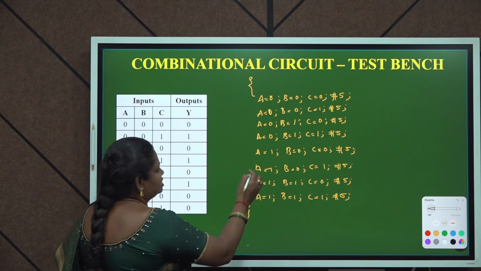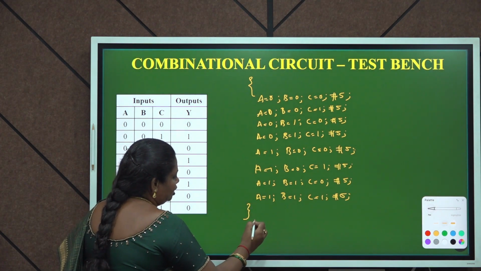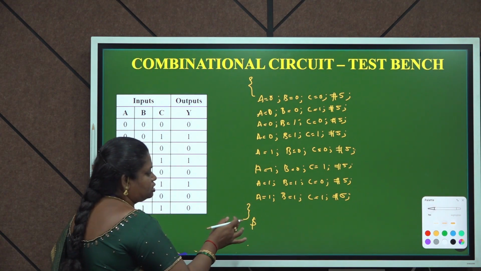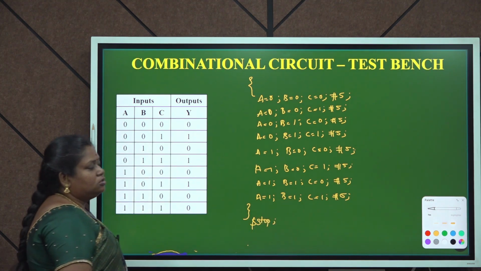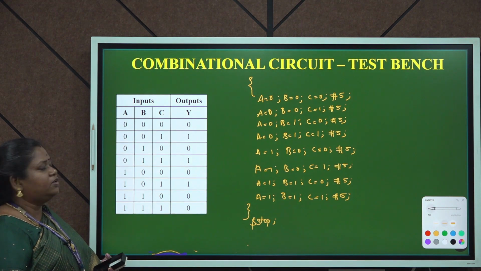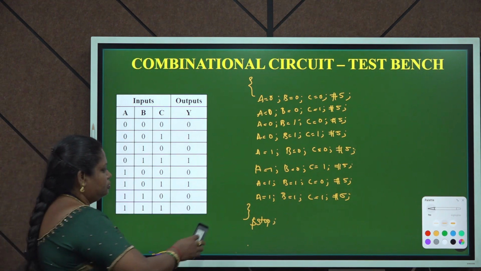So, 8 test cases have been considered, and then, as I told earlier, to stop the execution we use $stop. This is the test case we have used for the given combinational circuit.